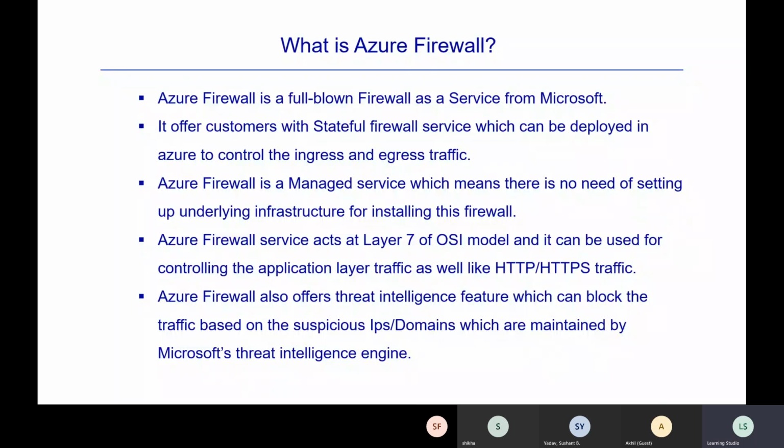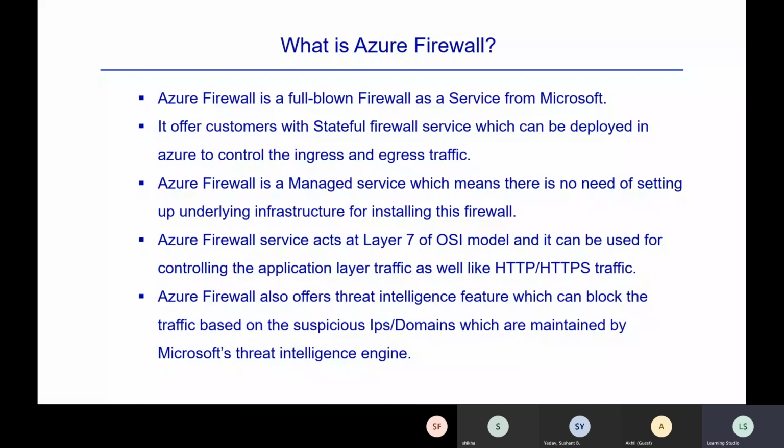And then the very last point is that Azure Firewall also offers a threat intelligence feature. This is a built-in feature with Azure Firewall, which allows you to either allow or deny suspicious traffic coming from blocked IPs or the IPs which are recorded in Microsoft's threat intelligence engine.